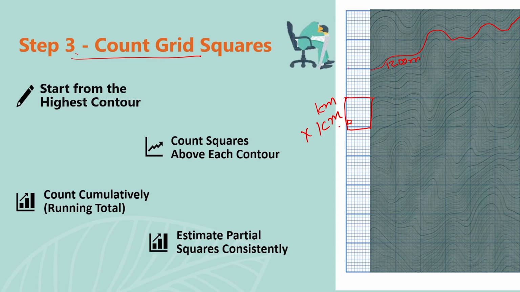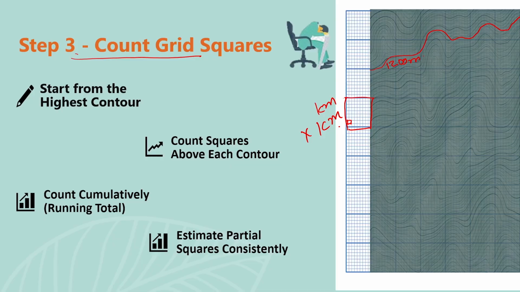Please note, in most cases your graph sheets will have larger squares that are 1 centimeter by 1 centimeter and the inner grids will be a millimeter each. When you are trying to calculate an area, you are first going to count the number of squares.